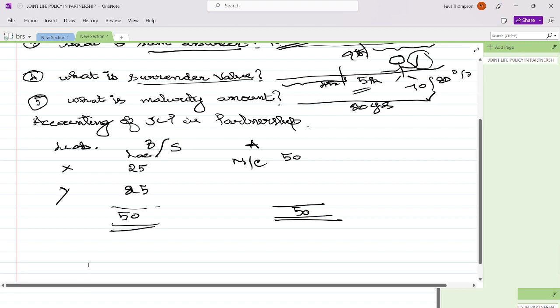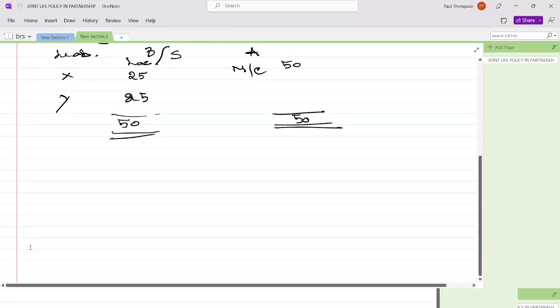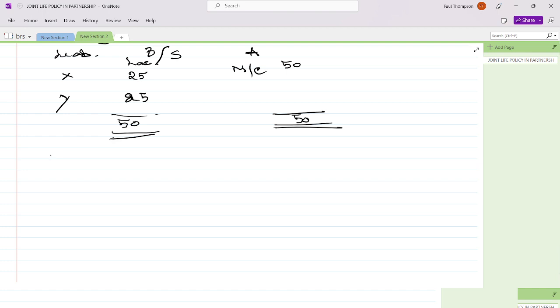Under such circumstances, suppose Y dies. Y expires. So when he expires, his wife, Mrs. Y, may come to X. She will demand the capital contributed by her husband, that is 25 lakh.